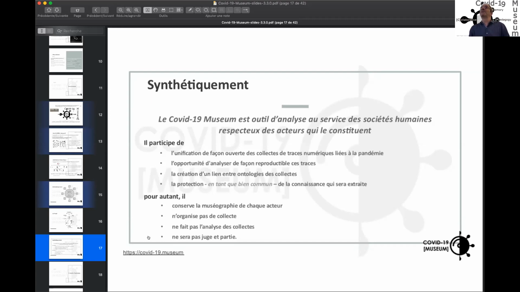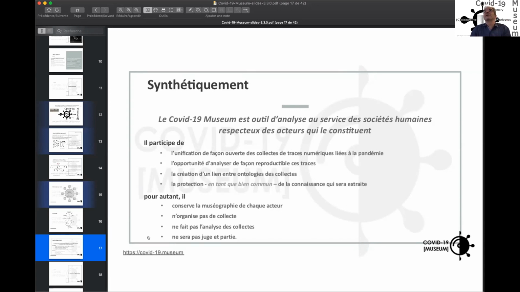So now I propose to start the discussion, and perhaps we can start by asking our four speakers how they imagine that the COVID-19 museum can be useful, and how they imagine that their tools or their methods can help the COVID-19 museum.